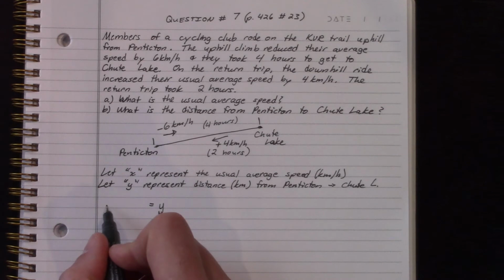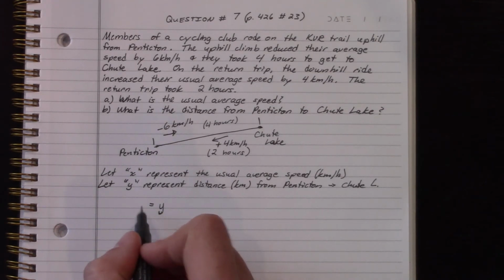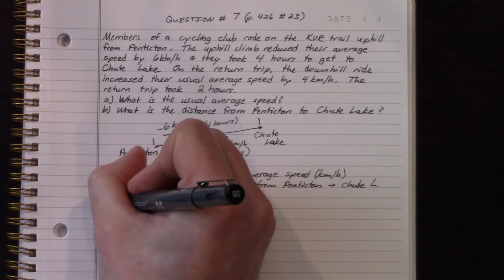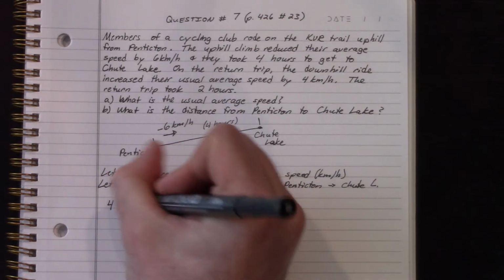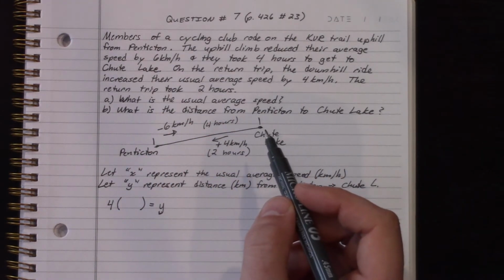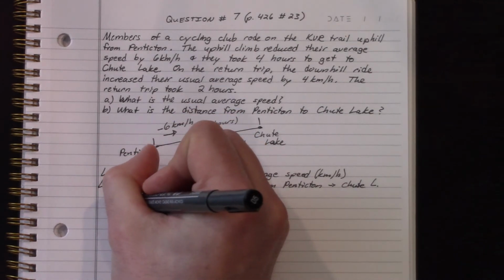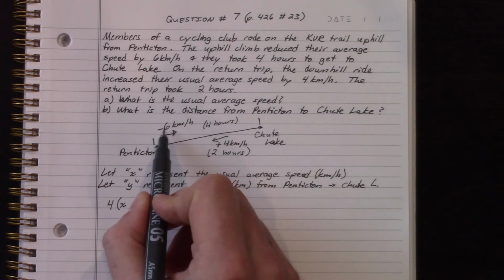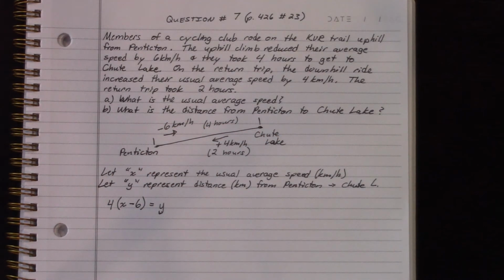So what can we use to represent the time it takes to travel this distance? Well, we know it takes 4 hours at a speed of what? At a speed of their usual average, which is X, minus 6, because they are going uphill. So here's the equation.